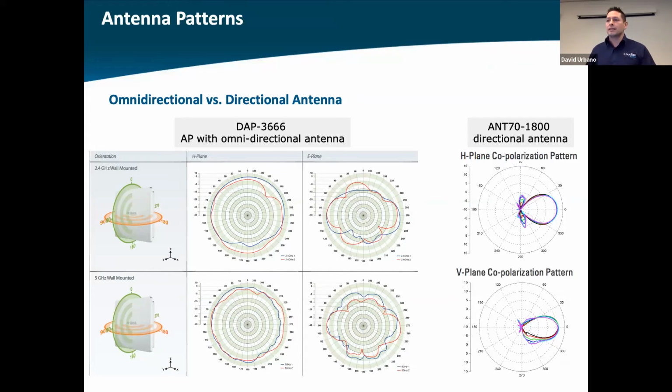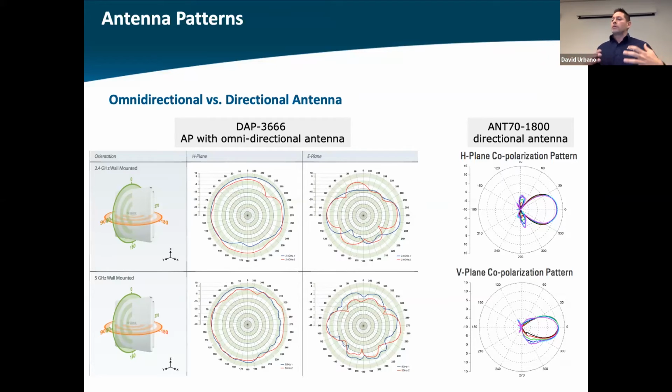This is basically the antenna pattern that you will find on the access points. Now, why is this important? Well, you will need just one access point to cover an area, right?